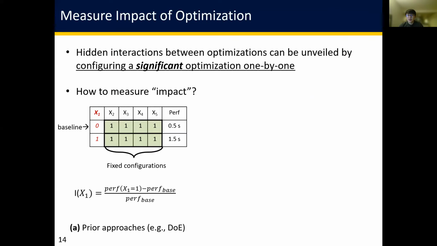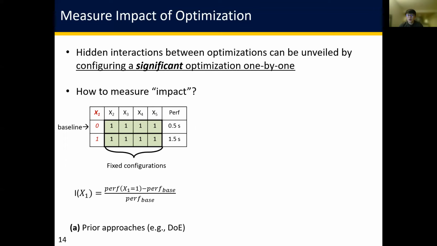To estimate the impact of an optimization flag that we are interested in, previous approaches, such as design of experiment methods, fix the other optimization decisions and measure the relative performance difference between 2 decisions.